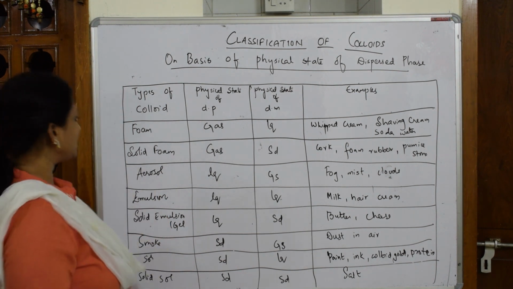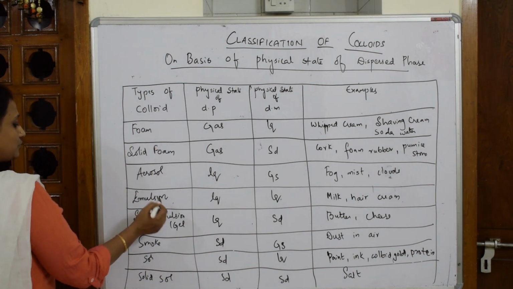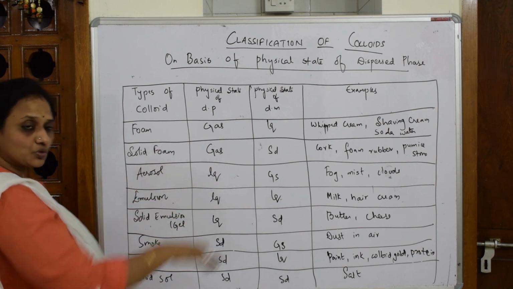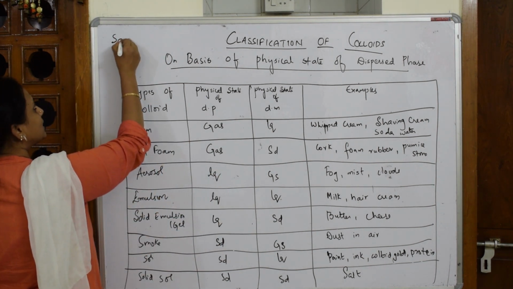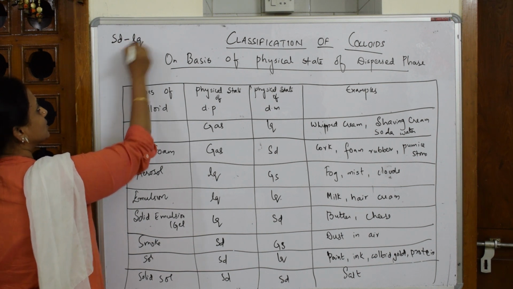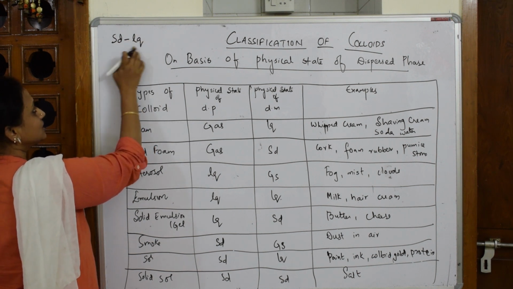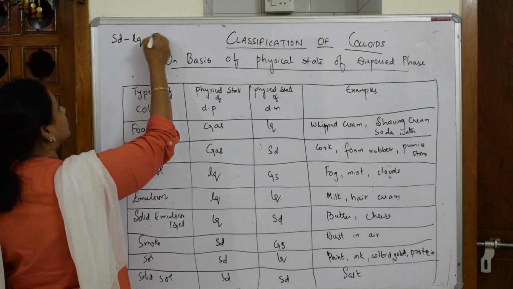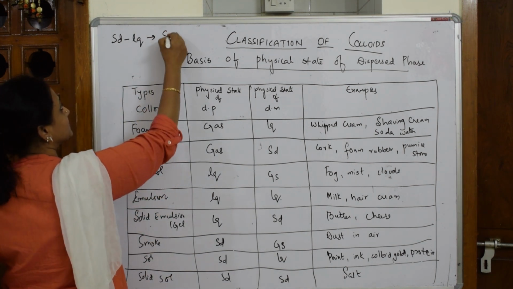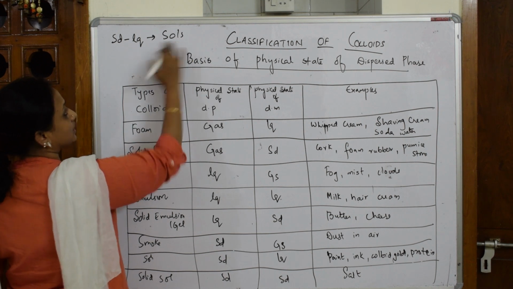So how many combinations are there? 1, 2, 3, 4, 5, 6, 7, 8. Out of 8, the main combinations are these. Whenever the dispersed phase is solid and the dispersion medium is liquid, I call them sols. Solid in liquid.